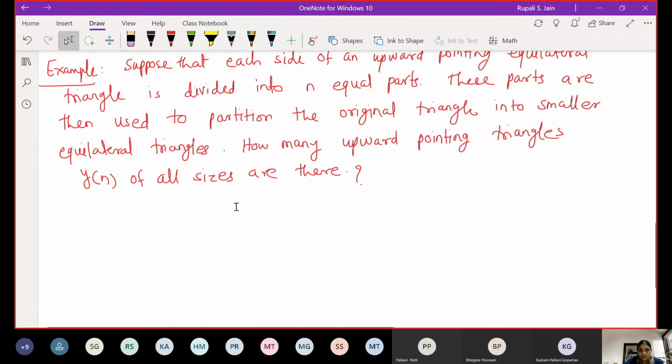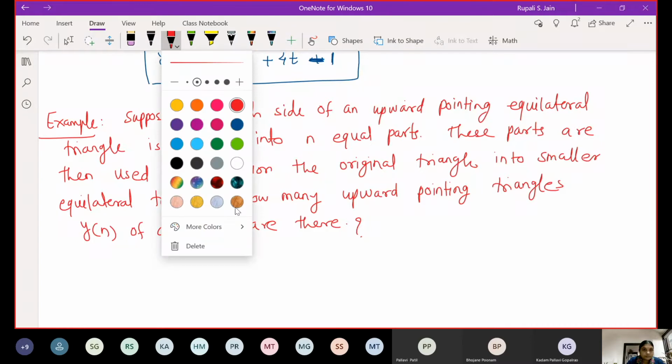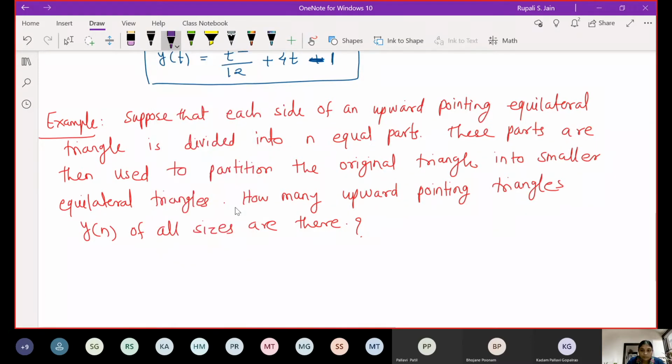So read this carefully. Suppose that each side of an upward pointing equilateral triangle, I will draw here. So I am having an upward pointing equilateral triangle.